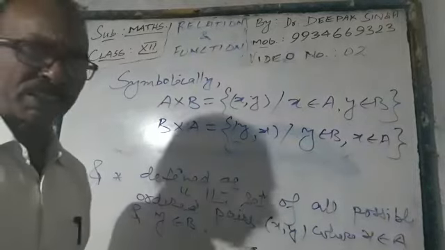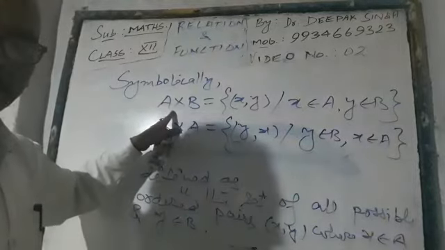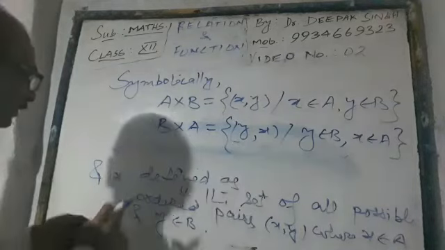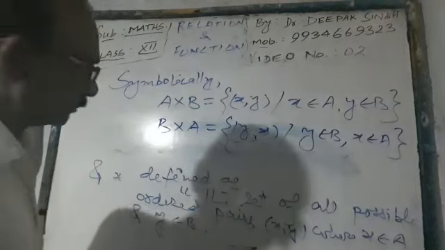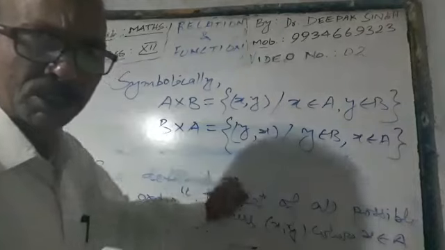Making pairs is very easy. Whenever we talk about A cross B, just go on making pairs, and let me show you some examples, because with the help of examples it is quite easy to understand.